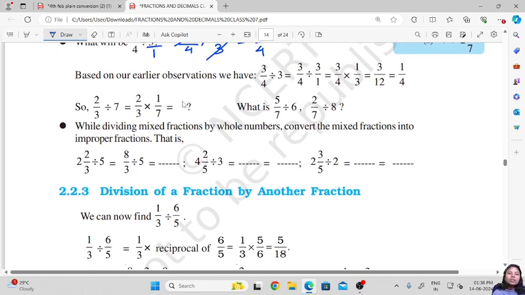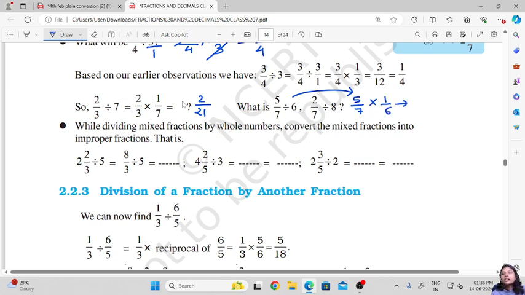So see here, we have 2 by 3 divided by 7. So we took the reciprocal of the whole number. So we'll get here 2 upon 7 3s are 21. And see here, let's solve this one first. So we'll get 5 upon 7 into 1 upon 6.